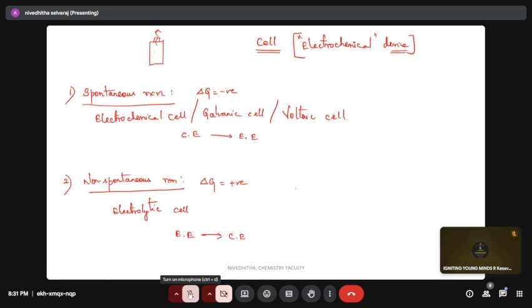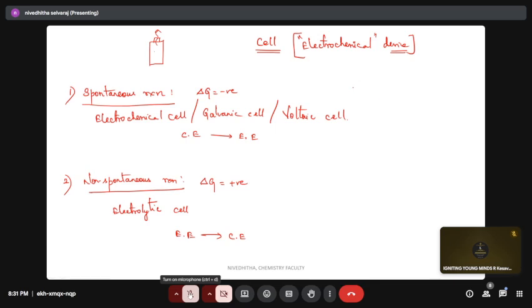So there are two types of cell. One is the electrochemical cell, another is the electrolytic cell. In the electrochemical cell, the reaction is spontaneous, where delta G is negative, and chemical energy is getting converted into electrical energy. In the electrolytic cell, it is a non-spontaneous reaction where electrical energy, which is a current, is getting converted into chemical energy.